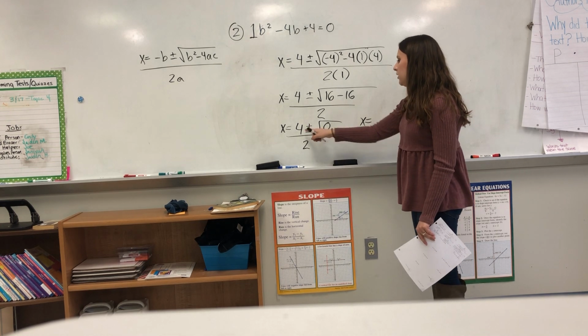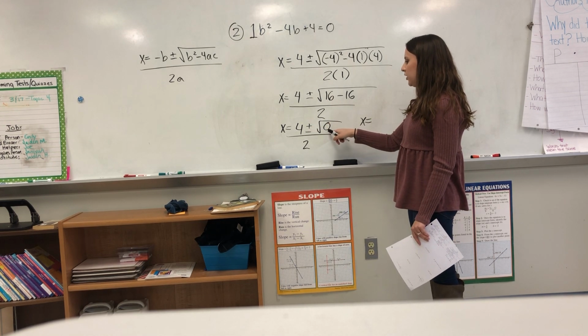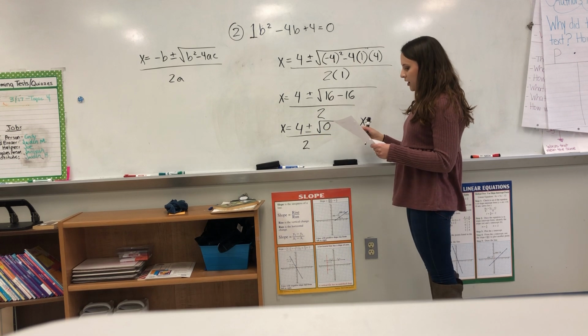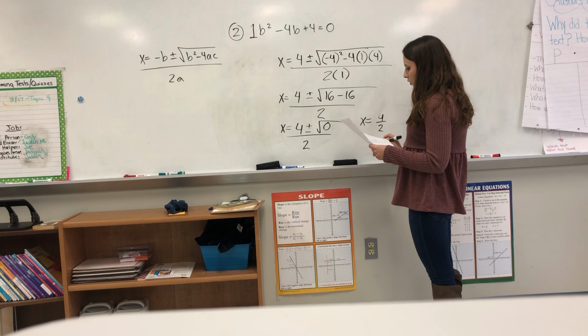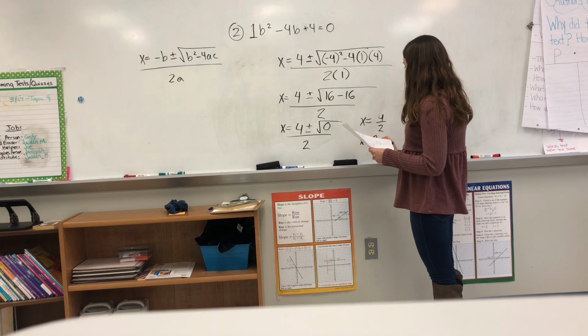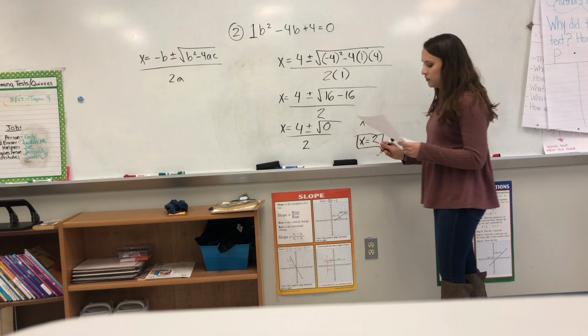That's just 0. So really what we have is just 4 over 2 now, and 4 over 2 is just 2. So x equals 2 is our only solution there.